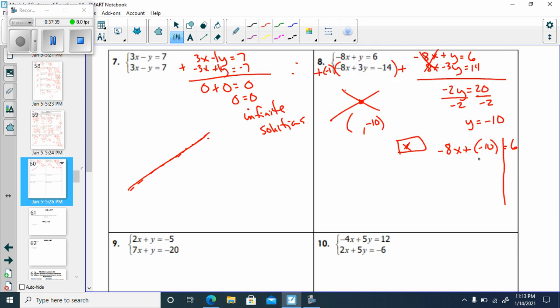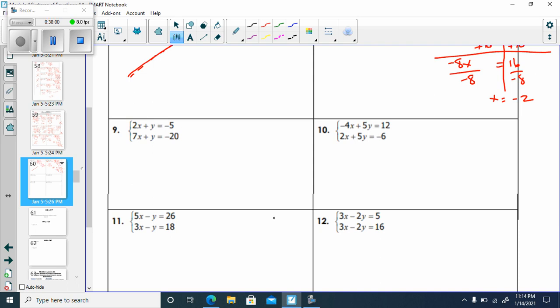How about we add the 10 to both sides so we get rid of that? And I now have negative 8x is equal to 16. Let's divide both sides by negative 8. And x is equal to negative 2. So we're talking about negative 2, negative 10.